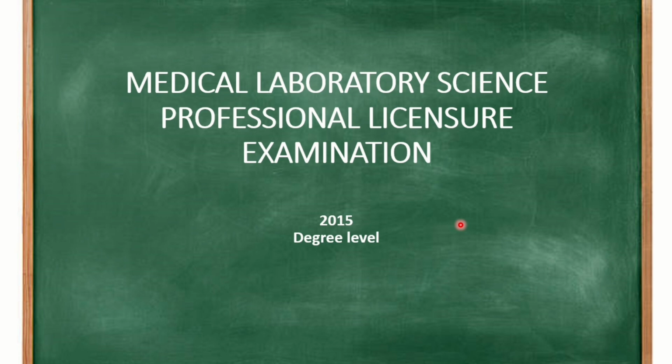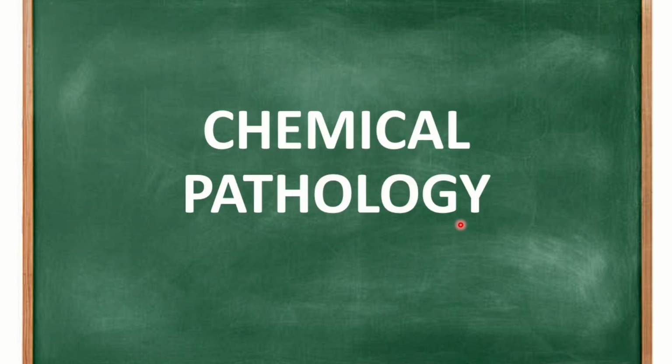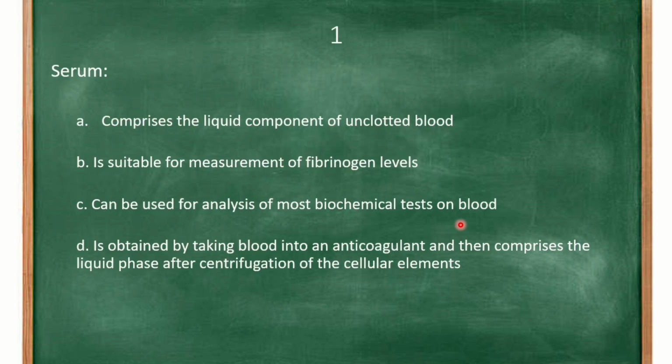Okay, we'll start with chem part. Question 1 reads: serum A, comprised of the liquid component of unclotted blood. B, is suitable for measurement of fibrinogen levels.